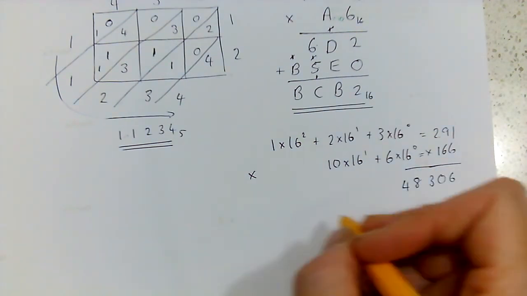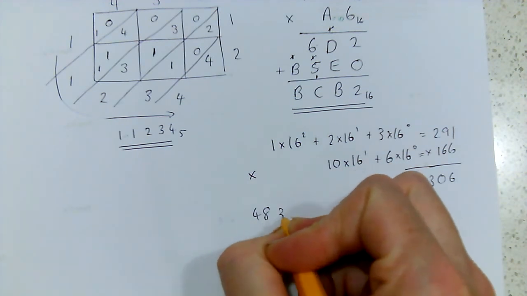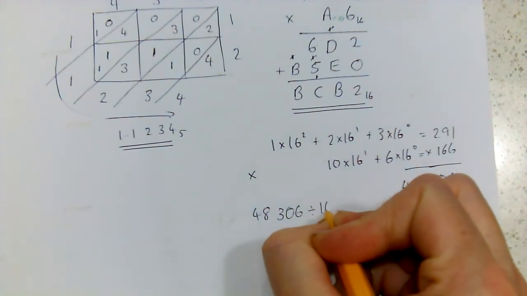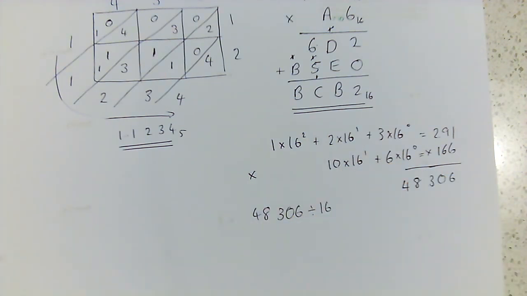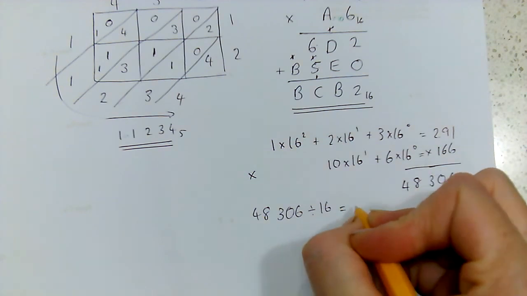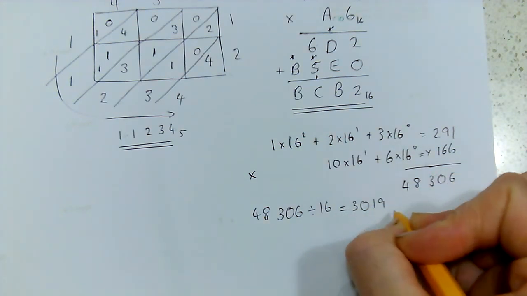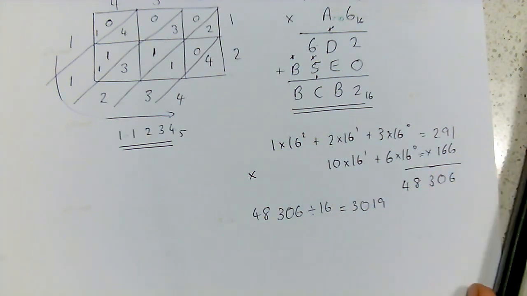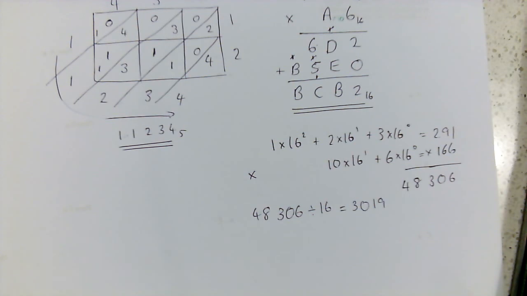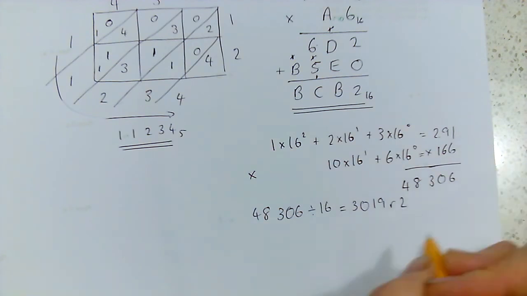So we start dividing by 16. So that gives us 3,019, and I think the remainder might be 2. Let's just check. Yeah, so the remainder is 2.